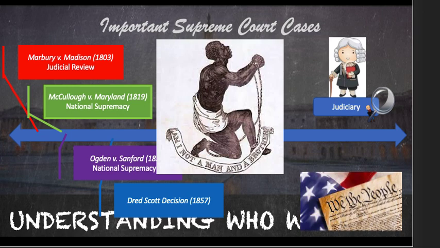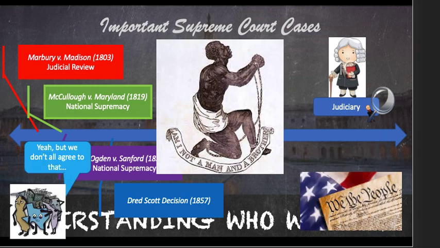Dred Scott was an enslaved man who had been taken to several free states, and he argued that the state laws, when he was taken across into those boundaries, actually made him a freed man because he was a slave in a state that did not allow slavery. The Supreme Court basically argued that the Constitution got around all of that.